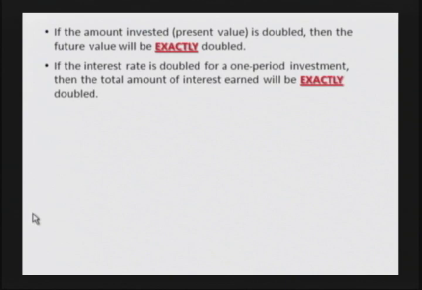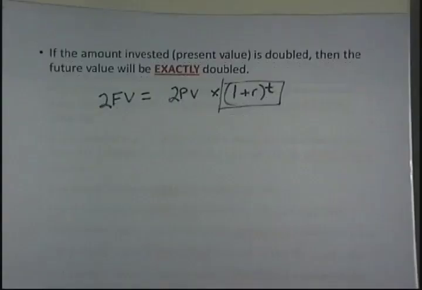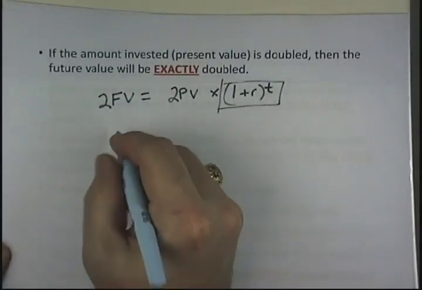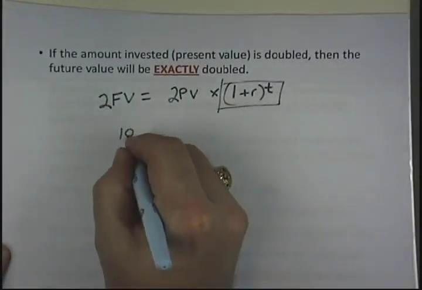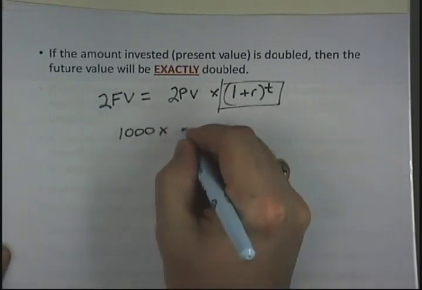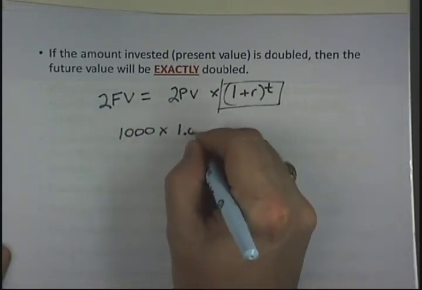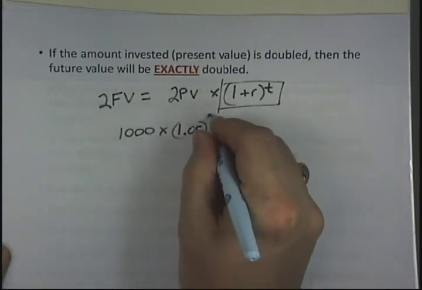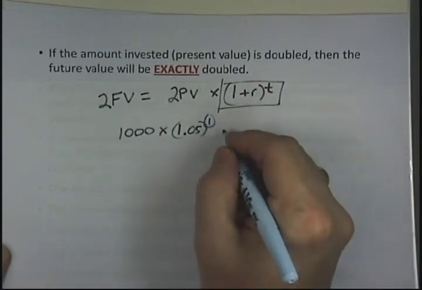If the interest rate is doubled for a 1-period investment, then the total amount of interest earned will be exactly doubled. For a 1-period investment, that is true. Sometimes it's best to come up with an example where we just change the variable of interest, and it said specifically for a 1-period investment.